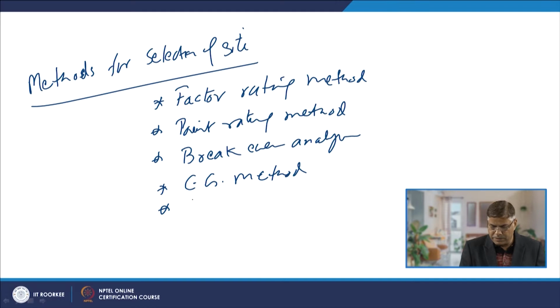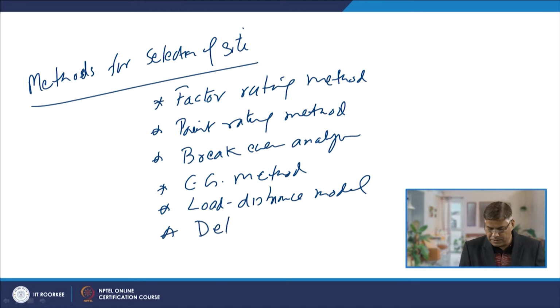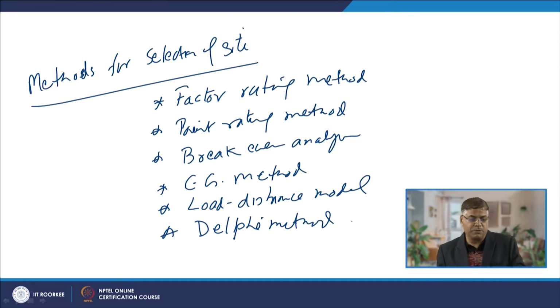There is one more method, the load distance method or model, for selection of the site, and there is one qualitative method called the Delphi method. So, these are 5-6 methods about which we will be talking in this presentation.